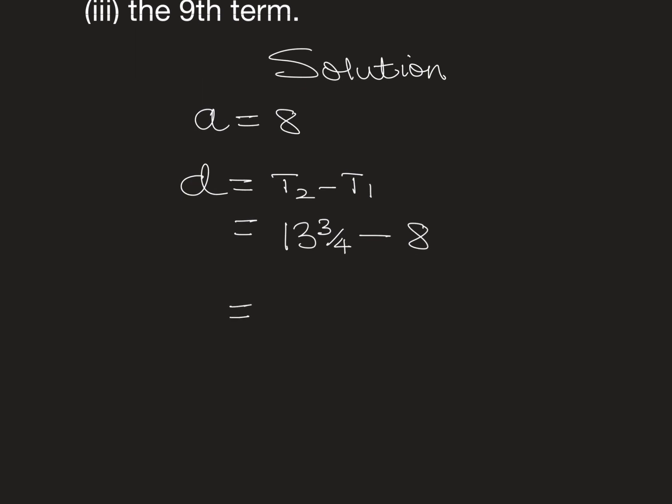13 whole number 3 over 4, we can change it to an improper fraction. 13 times 4 is 52. 52 plus 3 is 55. So that will be 55 over 4. So that is 55 over 4 minus 8.